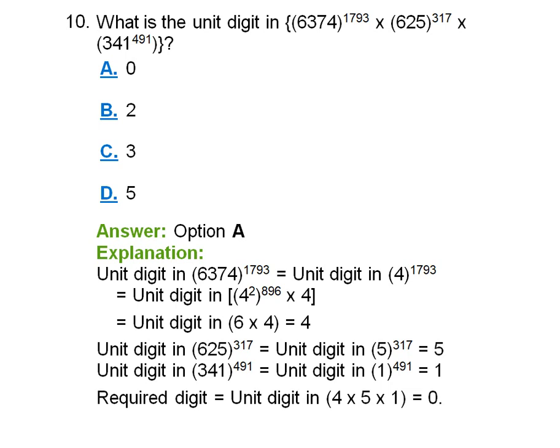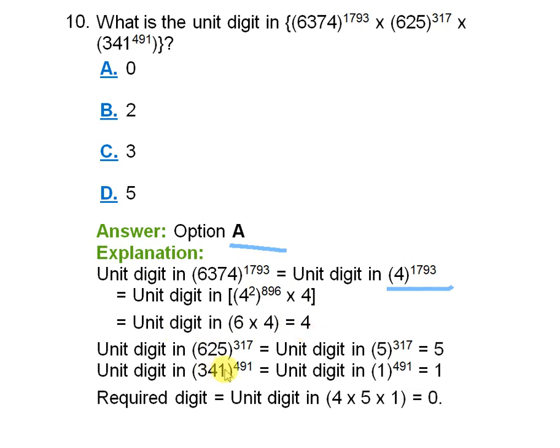Well, first we will just take unit digit in 6374 raised to the power 1793 equals unit digit in 4 raised to the power 1793. Now unit digit in 4 raised to the power 2 into raised to the power 896 into 4, unit digit in 6 into 4 equals 4.